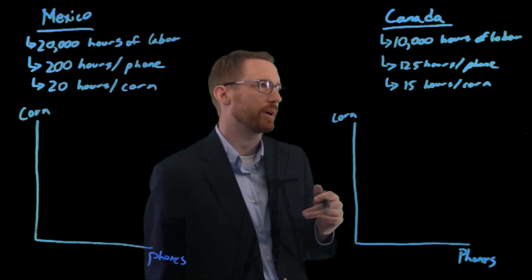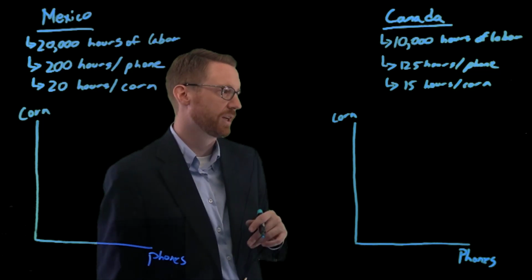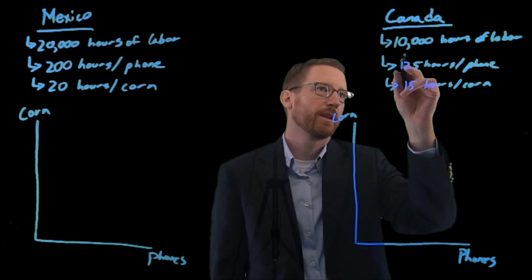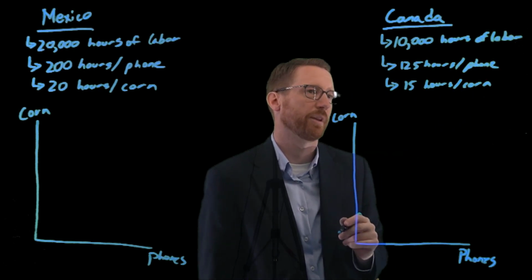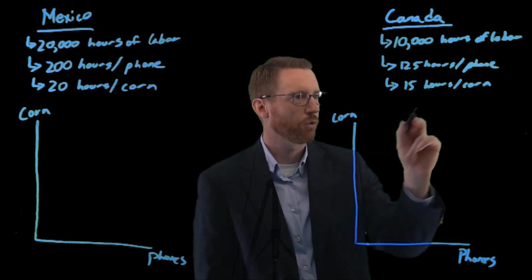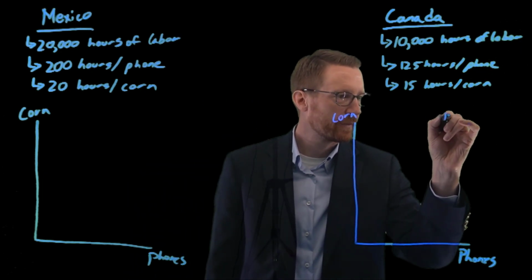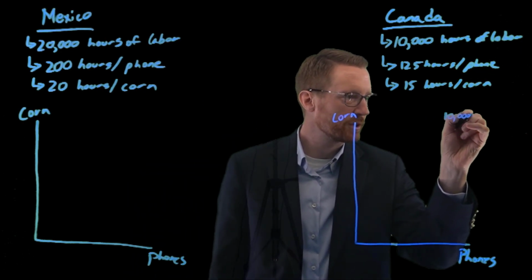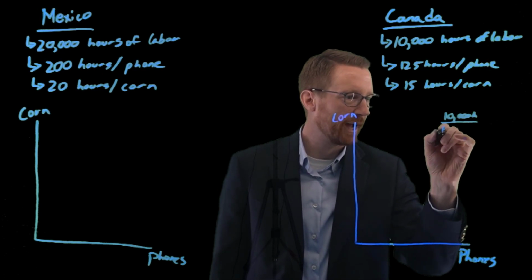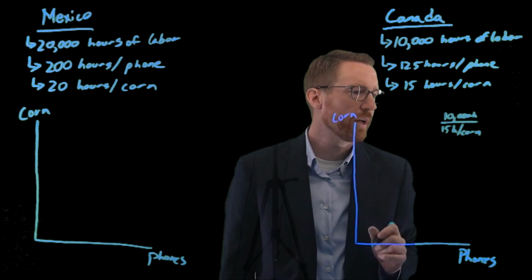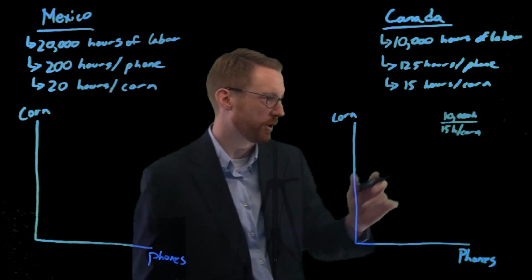So let's think about Canada first, and let's think about corn. They've got 10,000 hours of labor available, and for each corn it's going to take them 15 hours. So 10,000 hours divided by 15 hours per corn, how many can they produce?